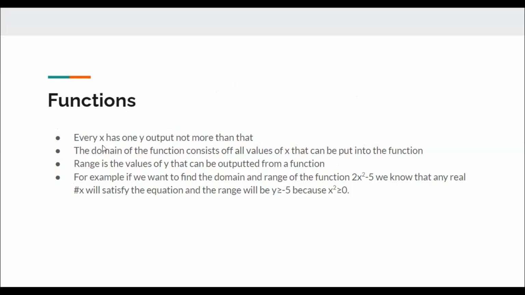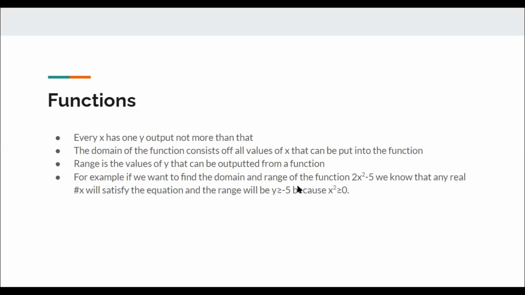So a function, like the domain is all the possible x's that you could put into the function, and the range is all the possible y's that can be outputted from the function for every x. So for example, if you want to find the domain and range of the function 2x squared minus 5, you can confirm that this is a function because for whatever x you put, you can only get one y, which is true. If I put 1, I can only get -3 out of it.